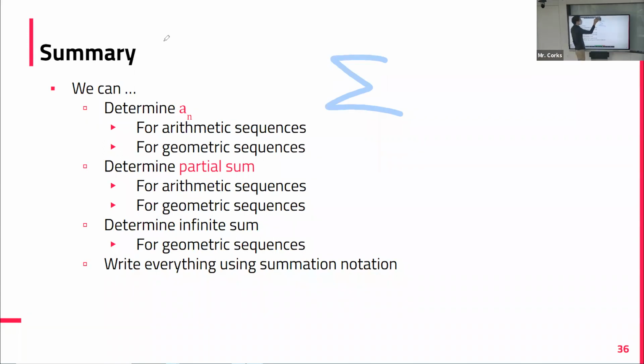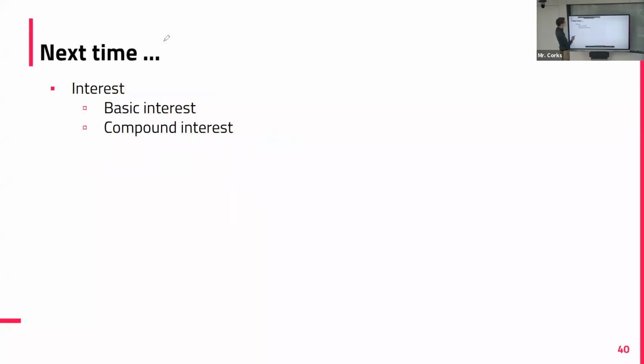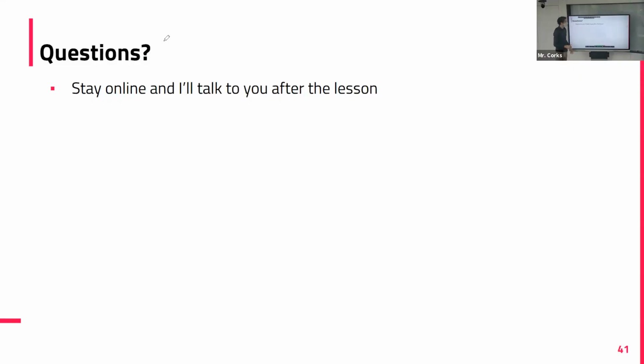So we'll do more practice with the infinite sums and sigma notation in the next class, and then get to interest. Review questions: 12.1 in our textbook has the summation notation stuff, and 12.3 has the geometric sequences material, and lots about interest next time.